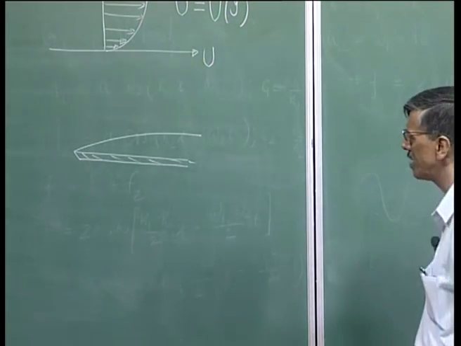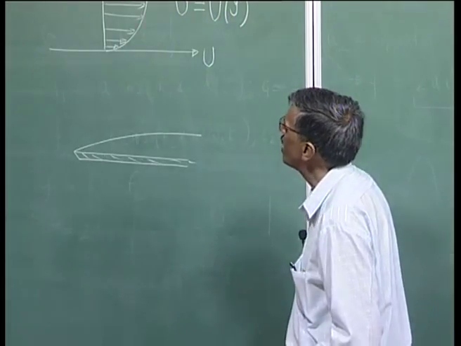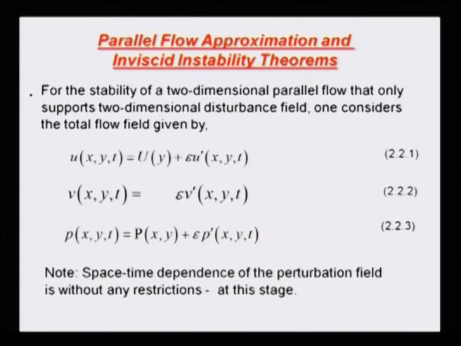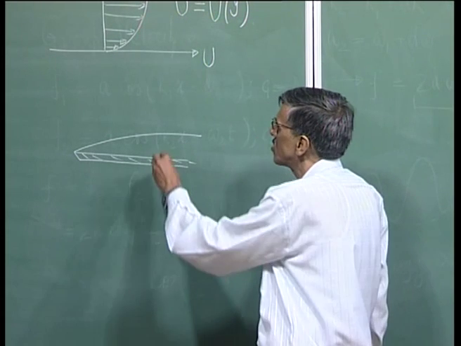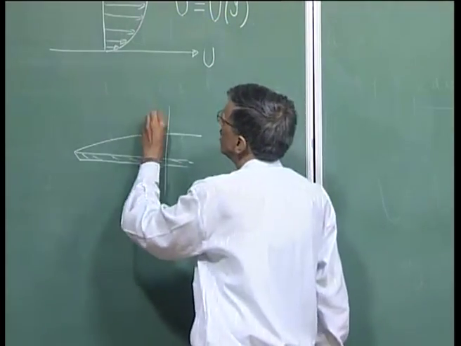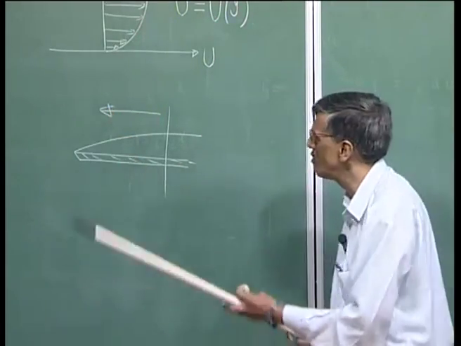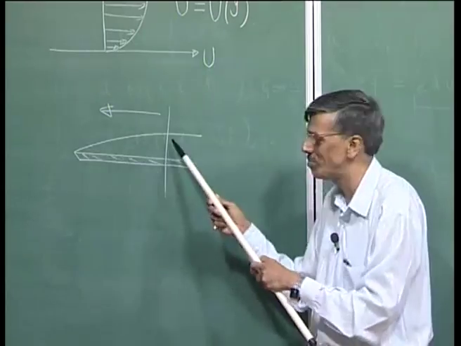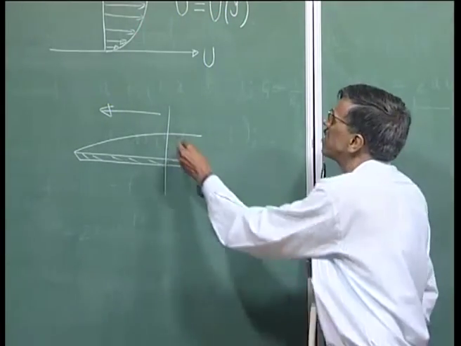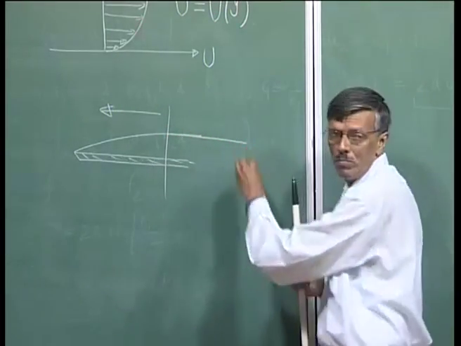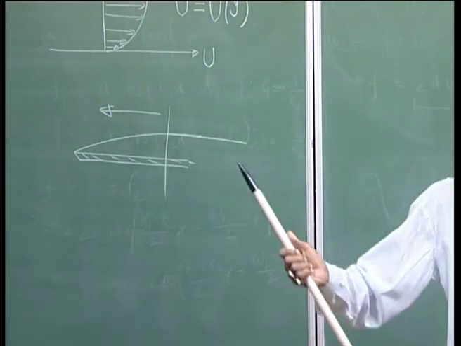If we are looking at a configuration like this, what we are saying in making that parallel flow approximation is not consistent with this part, where actually the boundary layer is growing from 0 to some substantial value, and then subsequently it could remain virtually constant.